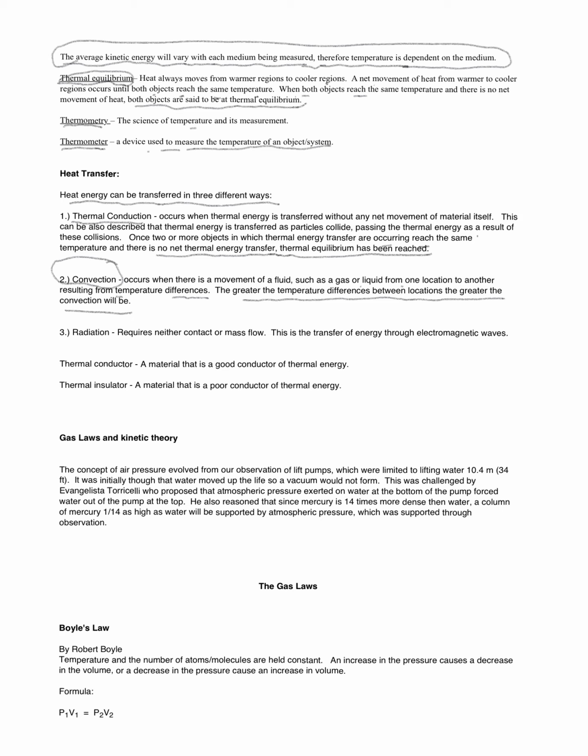So if you have a convection oven, that occurs by moving heated air throughout the oven, and that heated air is moving the heat around the inside of the oven. Radiation requires neither contact nor mass flow. This is the transfer of energy through electromagnetic waves. All right, so radiation is how heat is transferred from the sun.